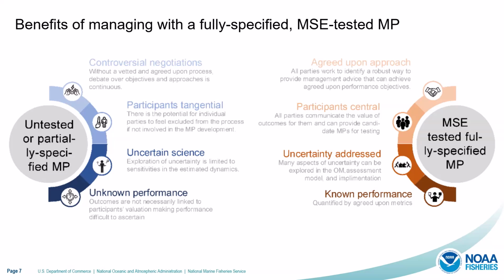They have a sense of ownership, and this leads to a sense of buy-in into the resulting management. Uncertainties are formally addressed in our operating model grid and in our management implementation. And again, we have codified performance metrics that are coming from management objectives that we have officially agreed upon as scientists, stakeholders, and managers.